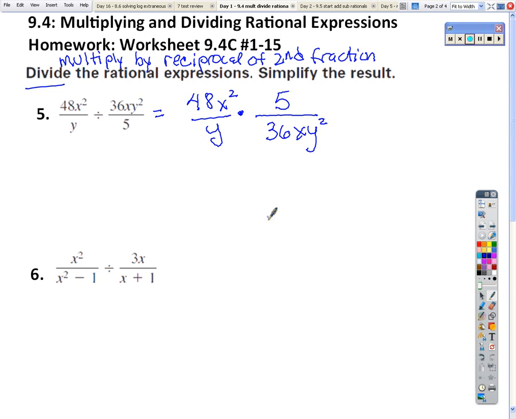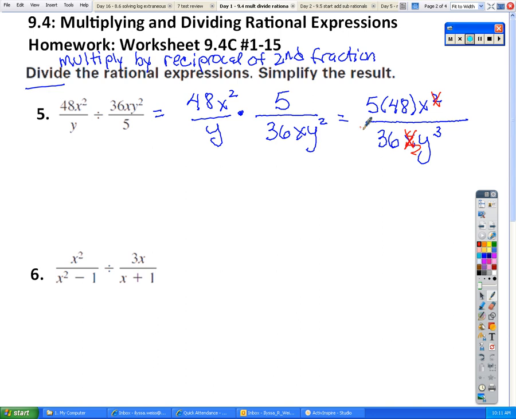So I'm going to combine this now into one fraction so I can simplify. And let's see what I can reduce here. The 1x squared can cancel with that x. 48 and 36, what do those both divide by?